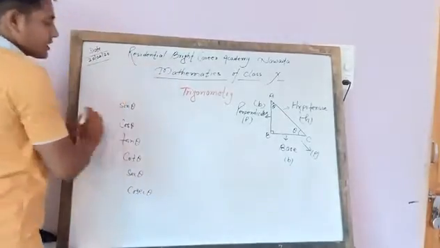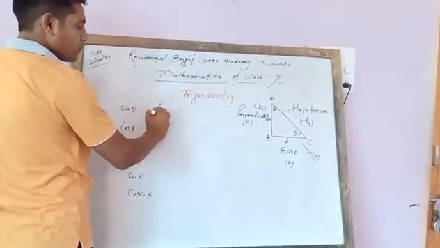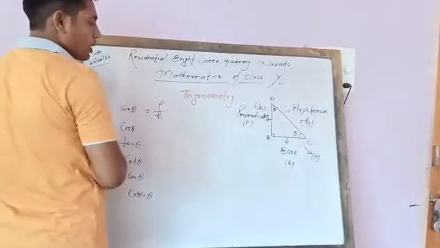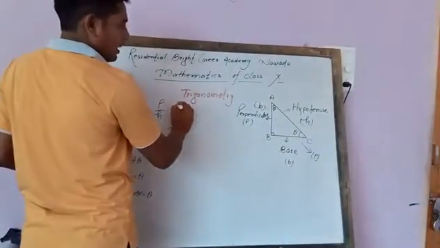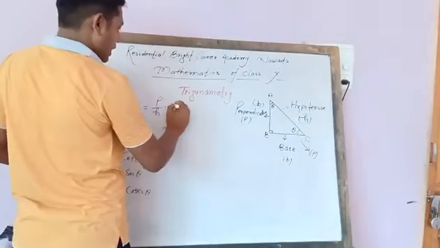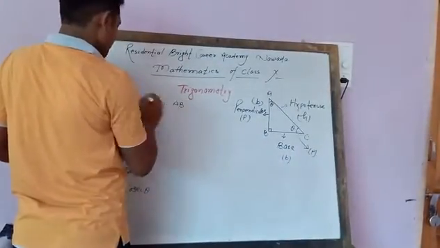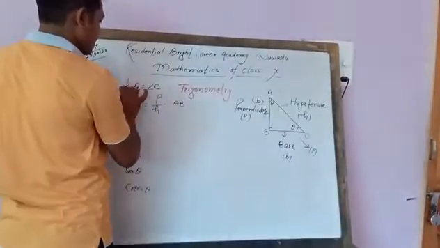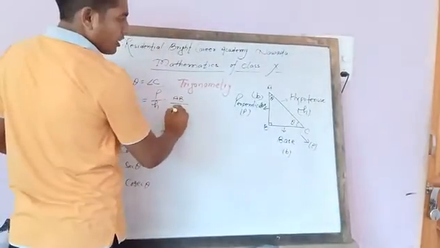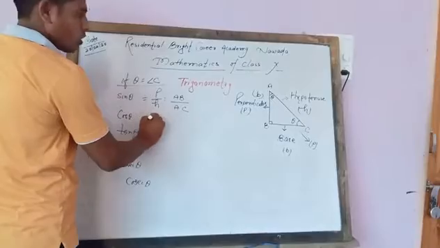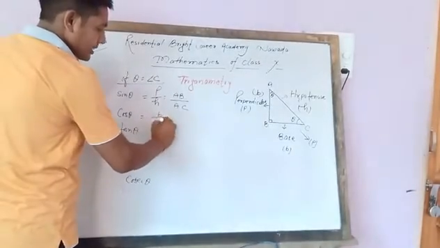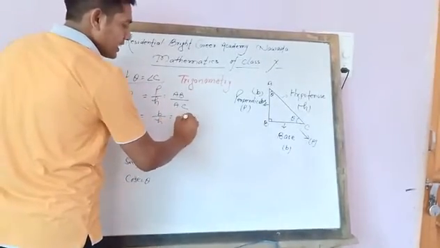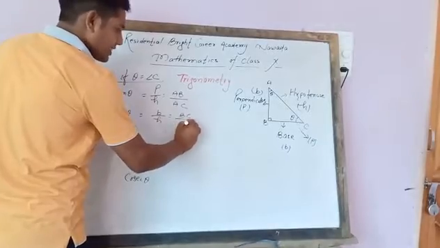Sin theta is equal to P by H. It means perpendicular by hypotenuse, and perpendicular is here AB. If theta is angle C, then AB upon AC. Cos theta is equal to B by H. Here B is equal to BC and H is equal to AC.